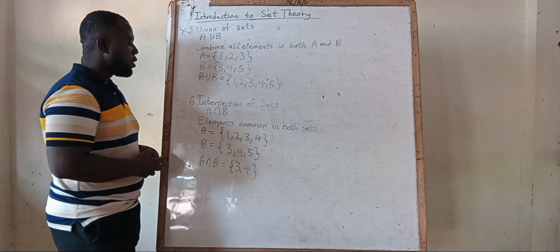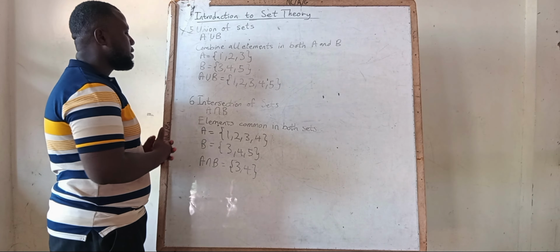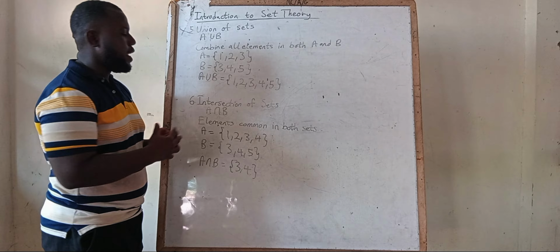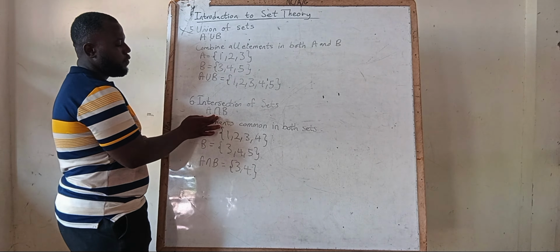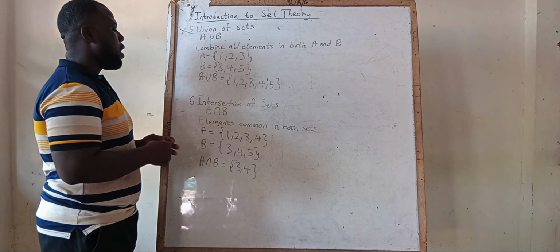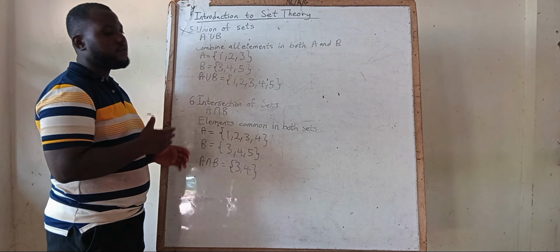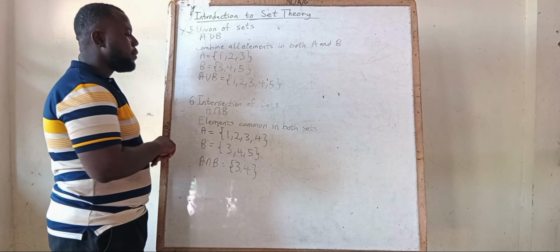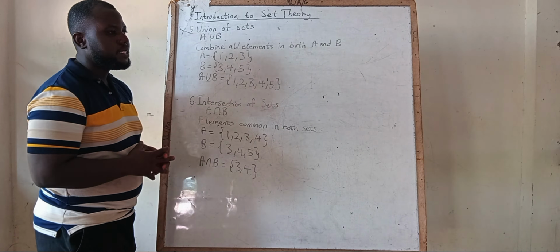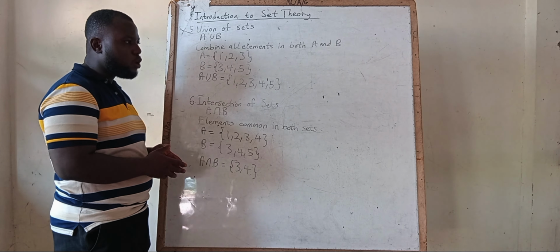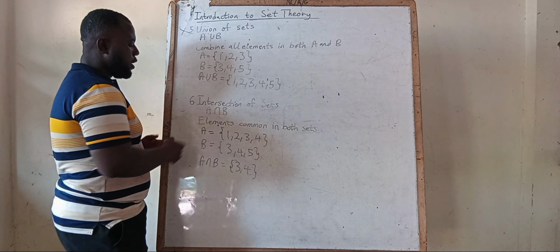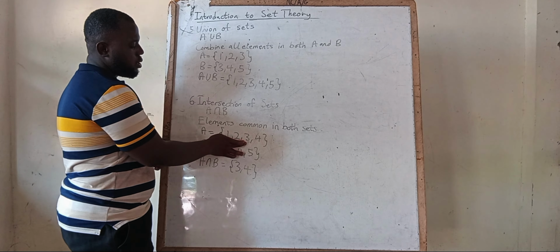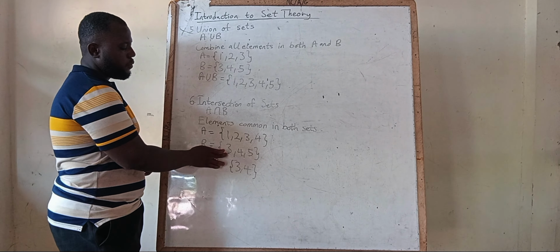So point six, intersection of sets. We have to find A intersection B. This is the symbol for intersection here. Finding A intersection B, you have to find the elements common to both sets, the elements that are in A and also in B. So we have A being 1, 2, 3, 4, and B being 3, 4, 5.